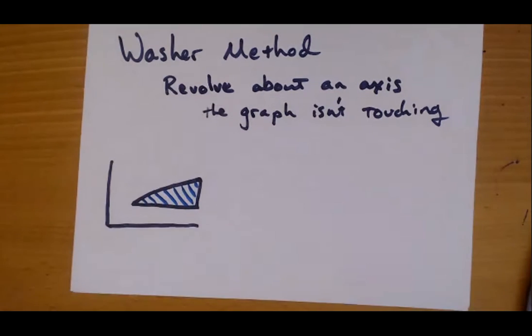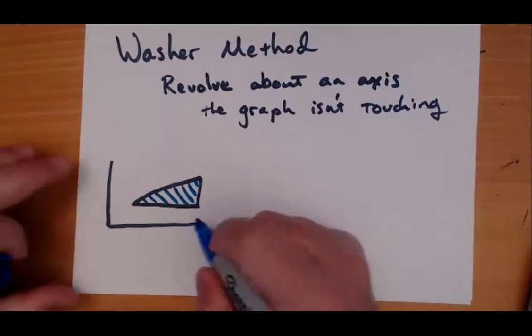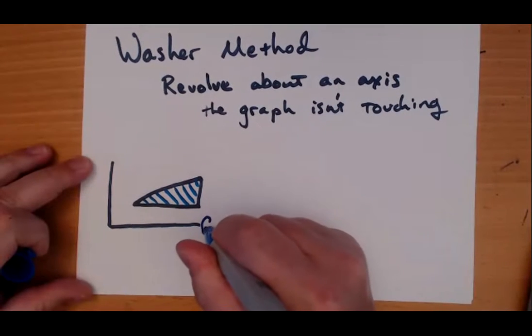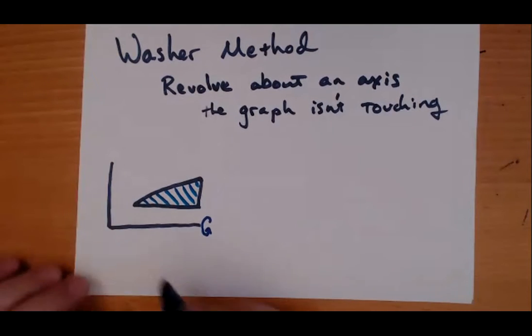Now, in the example that we did before, I was revolving about x equals 1. So what we're going to do here is not revolve around x equals 1. We're going to revolve around the x-axis. And when we spin around the x-axis, we're going to get a shape.